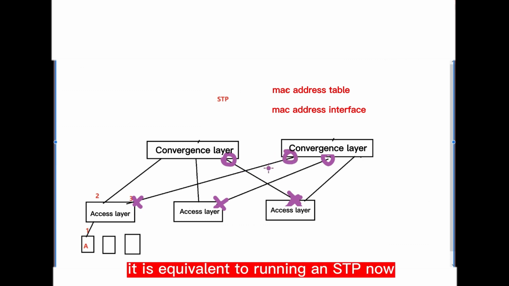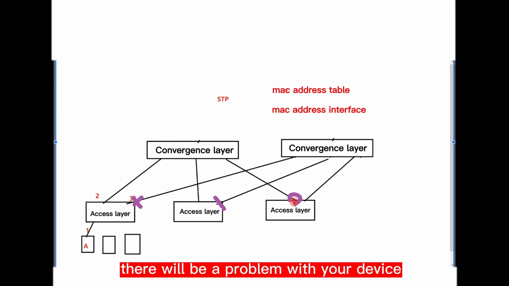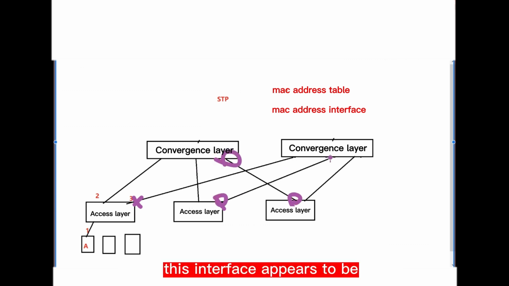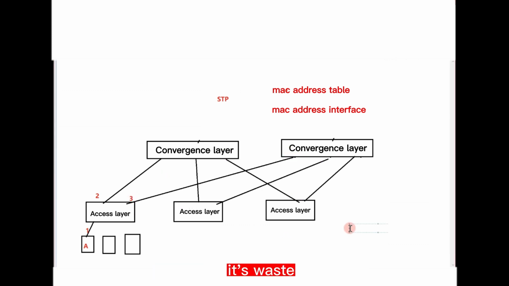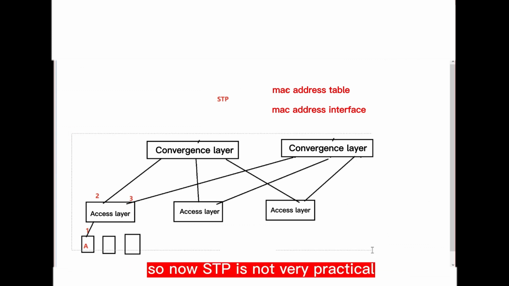It is equivalent to running STP now. You will find there will be a problem with your device. This interface appears to be there, but in fact it does not forward. It's wasted. So in fact, STP is a waste of network resources. So now STP is not very practical.